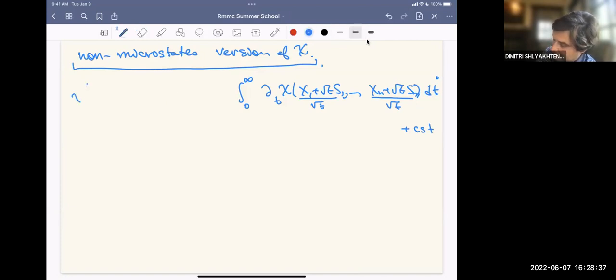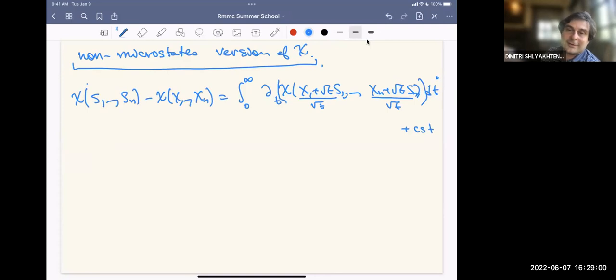If I evaluate this integral with the fundamental theorem of calculus, I get chi of s1 through sn minus chi of x1 through xn, is equal to this. You agree with this, right? Because this is just saying that if I integrate a full derivative, I get the function back.